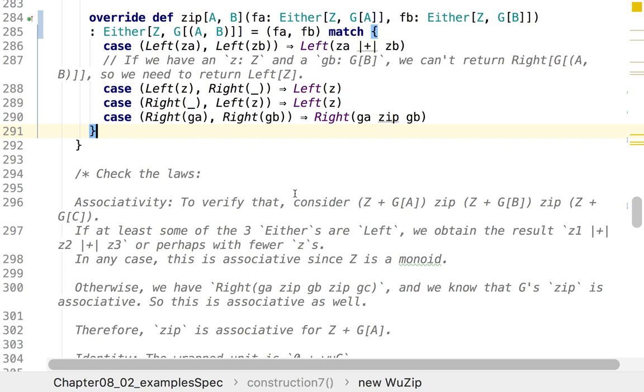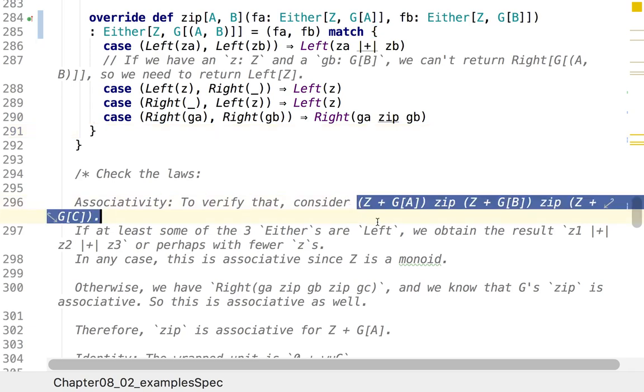So again, we will just do a consideration that zips together three values and formulates the result in a way that is manifestly associative. So consider these values. If at least some of these three are on the left, then according to our code, the result is going to be on the left. And we're going to ignore everything that's on the right.